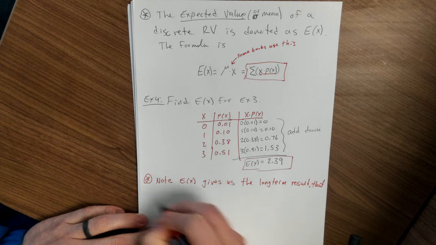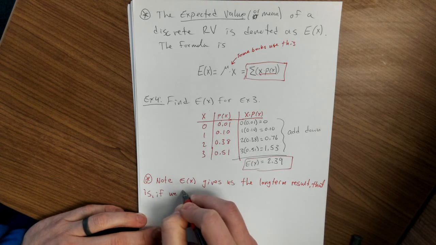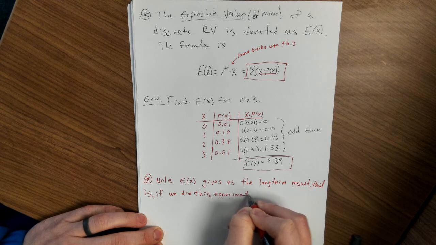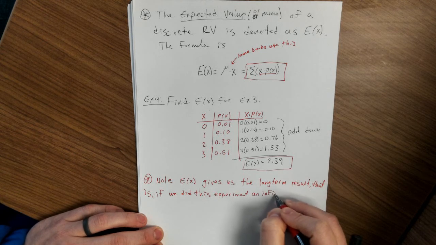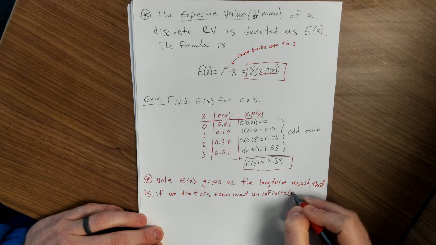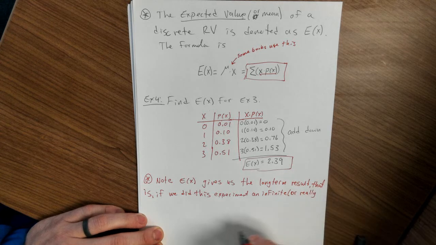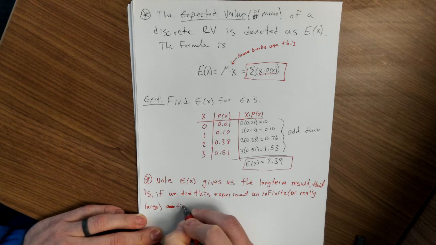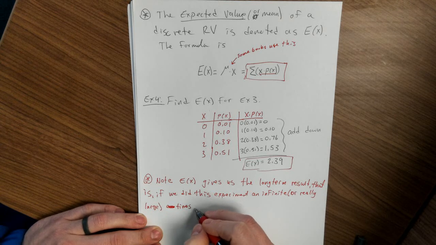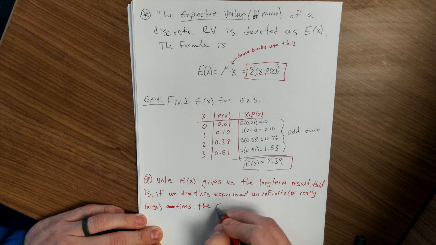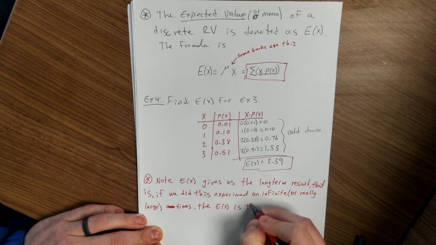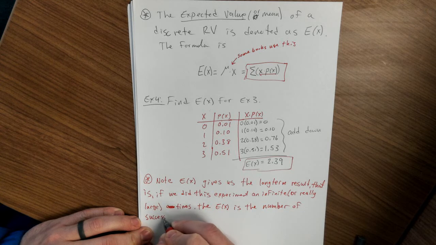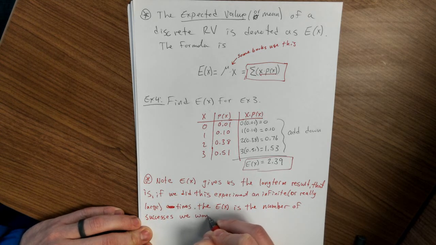That is, if we did this experiment an infinite, or really large, number of times, the expected value is the number of successes we would expect to see.